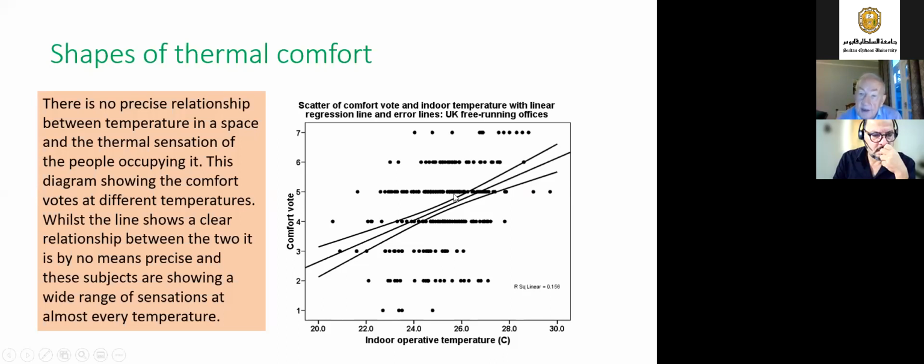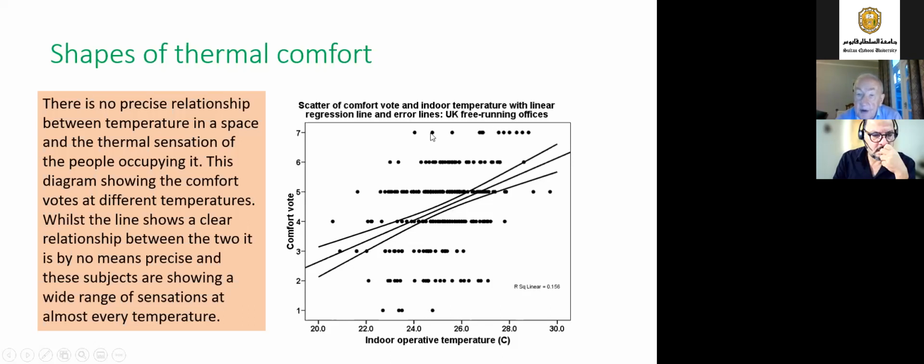And you can see that although the regression gives you a very precise line and apparently very small variation in the possible comfort votes for any indoor temperature, actually you find that it is very much less precise than that.